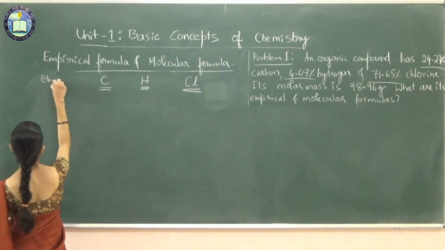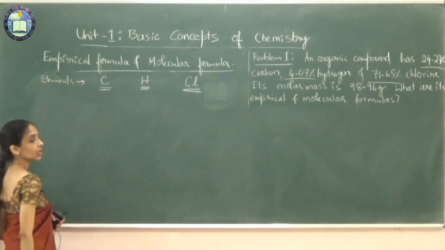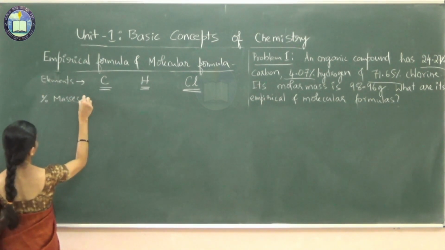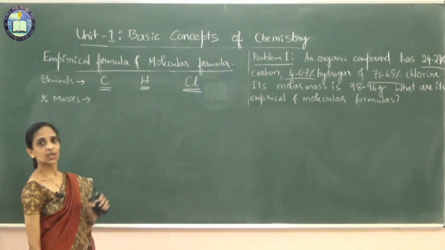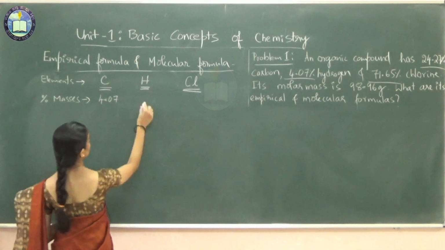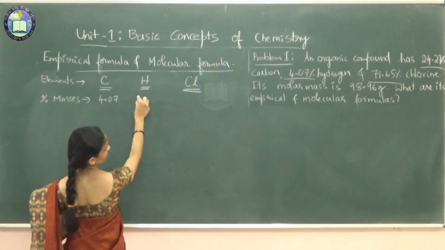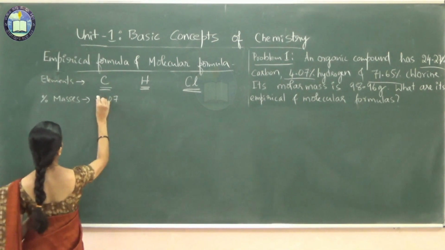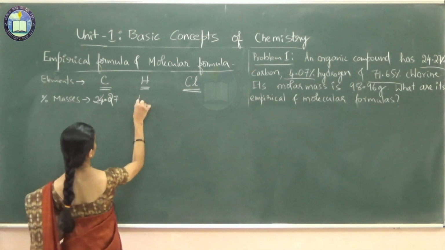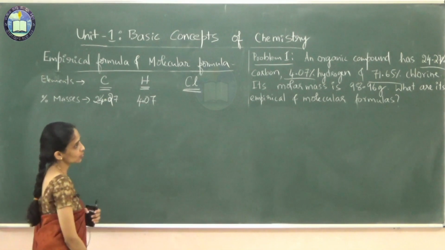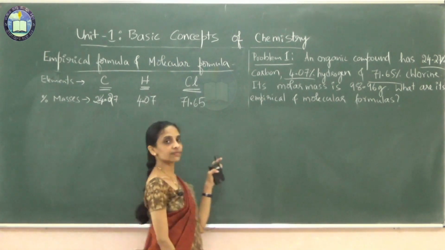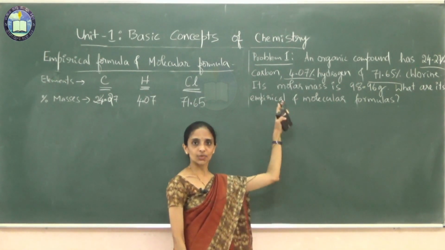After writing these elements, I'll write their percentage masses given in the problem. Carbon is 24.27, hydrogen is 4.07 and chlorine is 71.65. These values are there in the problem.